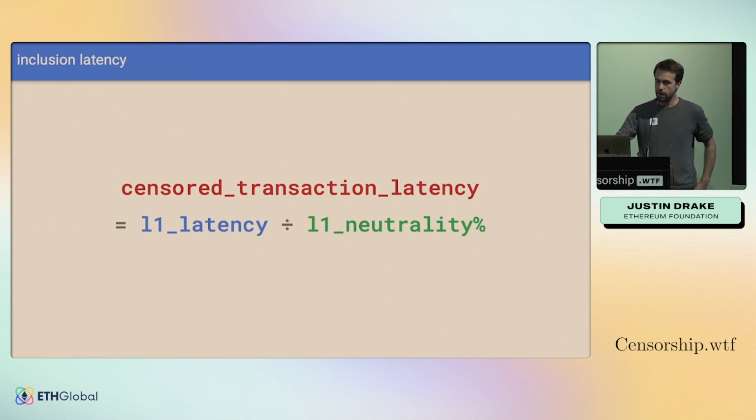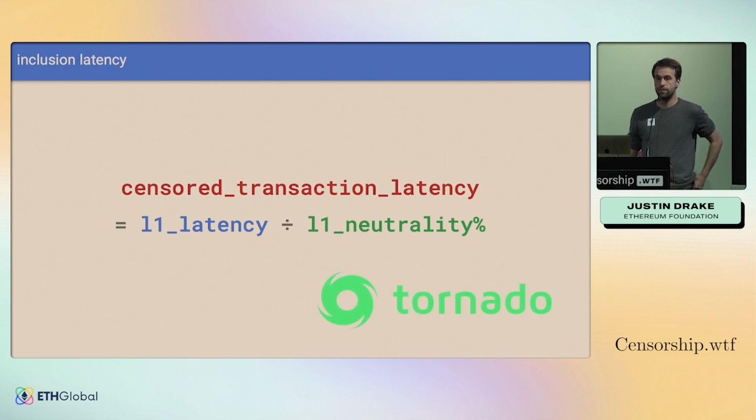Now, there's this kind of formula for inclusion latency, which is you take the latency of the L1, which is, for example, 12 seconds, and then you divide it by the amount of blocks which are not being censored. So, for example, if only half of the blocks are not being censored, then you divide by 1/2, which is the same as multiplying by 2, and so your latency kind of doubles.